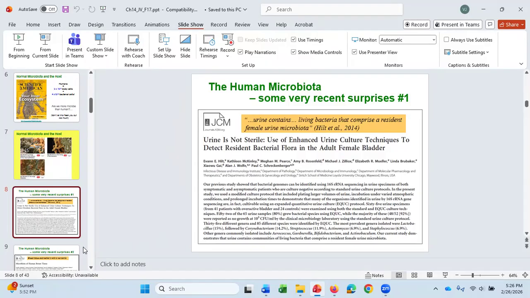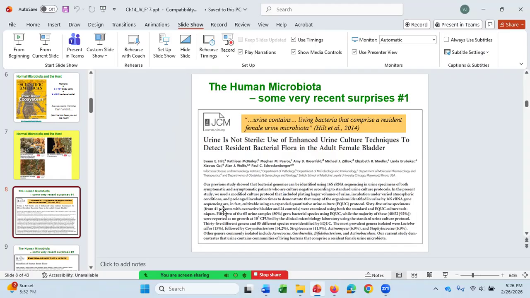I've never found a study where they've studied males, so I don't know the answer. Do males have a normal microbiota inside their bladder? Nobody's ever studied it in males. Males have a longer urethra, so it is possible that only females have normal microbiota in their bladder.